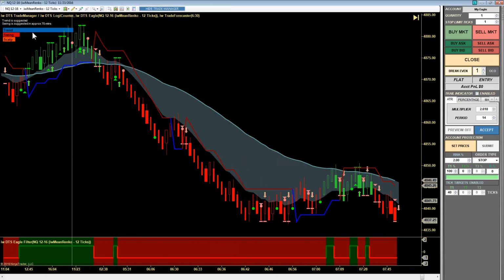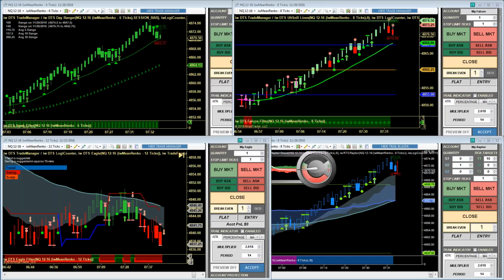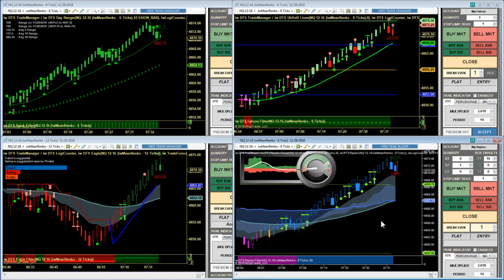And actually it looks like the Trade Forecaster is giving the same kind of reading as well. But yeah, we're interested in where the most activity is.